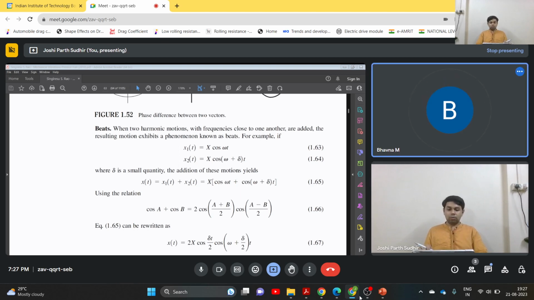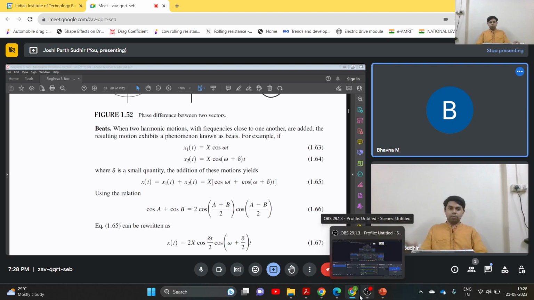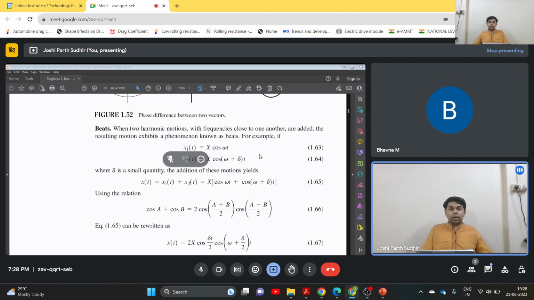Yes, sir. So then omega is equal to delta by 2. It should come now, sir. Omega is not delta by 2. See here, x1 and x2 are having the same frequency.